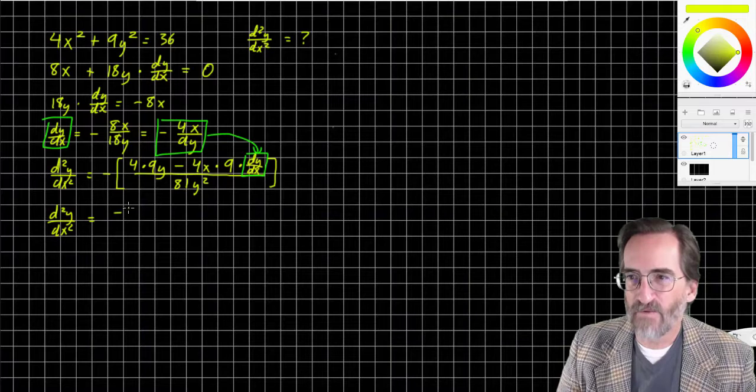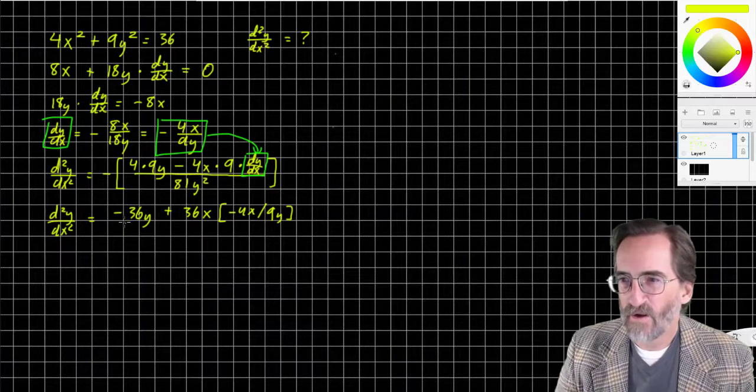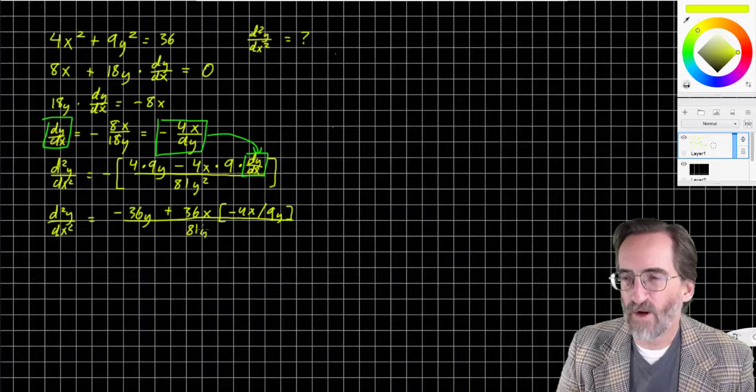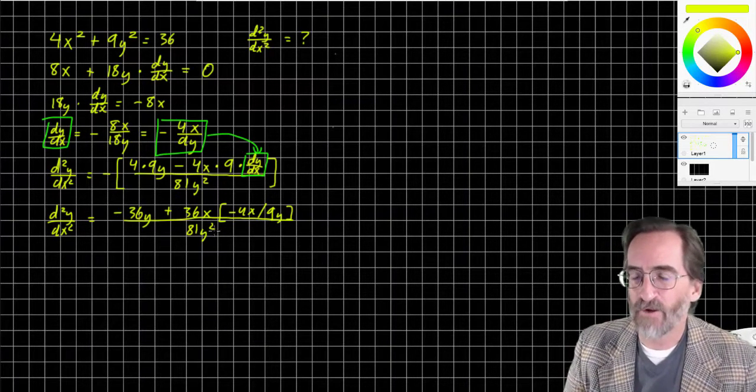So negative 4 times 9 is 36y. Negative negative is positive. 4 times 9 is 36x. dy dx. Well, dy dx is negative 4x over 9y, all over 81y squared. So substituting and simplifying a little bit.